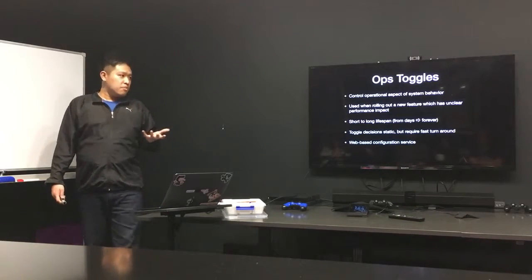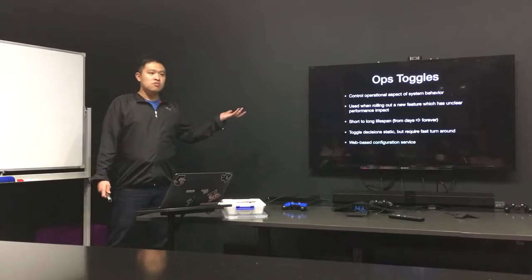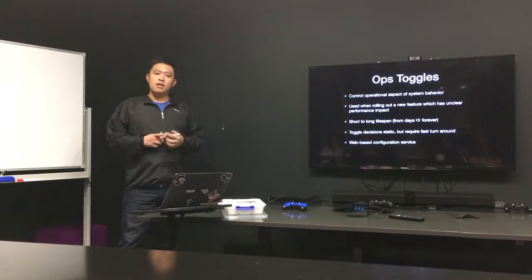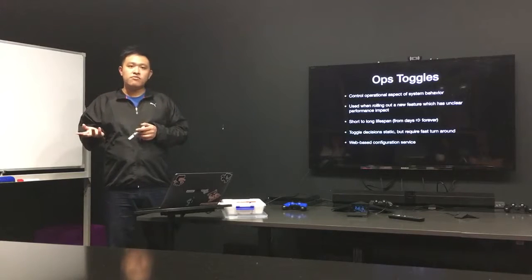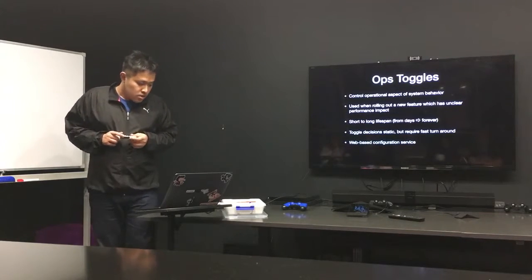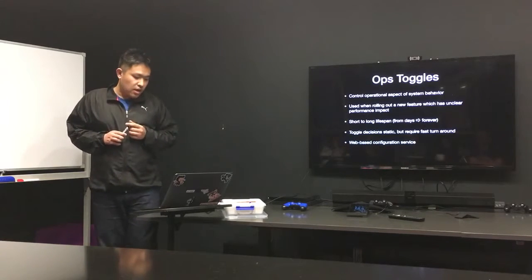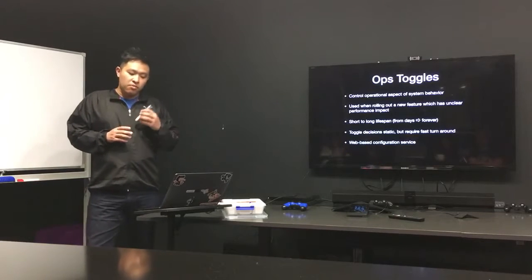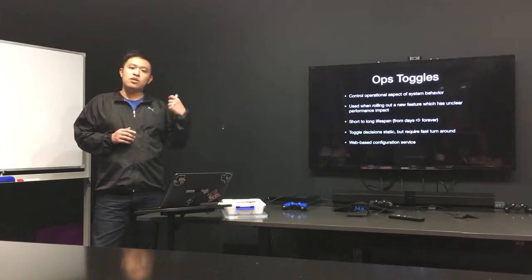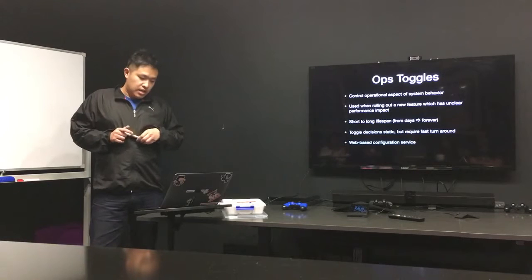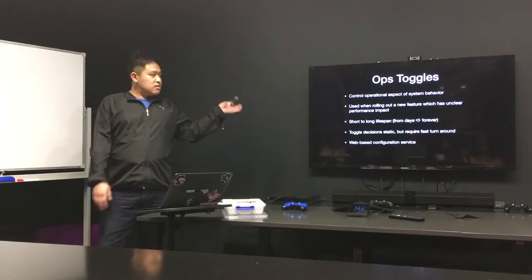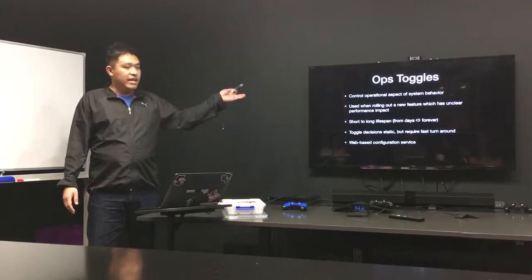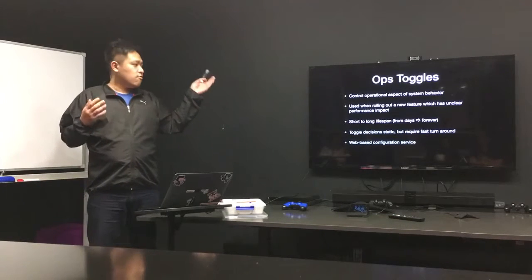If you want to implement chaos monkey, ops toggles are very useful so that you can degrade your system gracefully if one of your AZs is down, for example. It's also used when rolling out a new feature when performance impact is unclear, so that you can quickly turn it off. It's usually short to long lifespans, depending. It can be up for days, or it can be there forever.